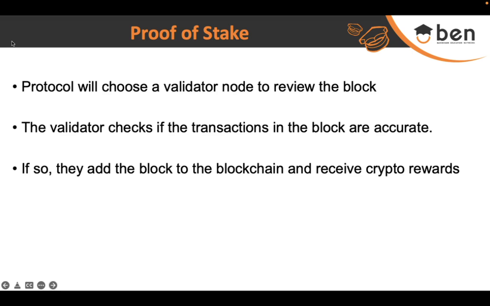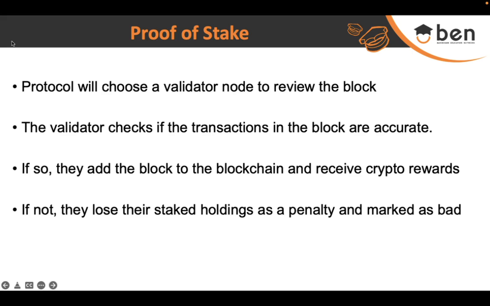Then the other validators, which were also part of the pool, verify whether the validator who approved the block has done the correct job or not, whether the block was accurate or not. If yes, then the block is added to the blockchain and the validator is given some crypto rewards. He is not given block rewards; here he is given transaction fees as a reward in the case of proof of stake.